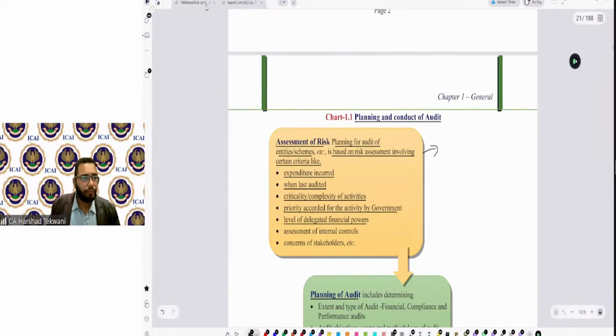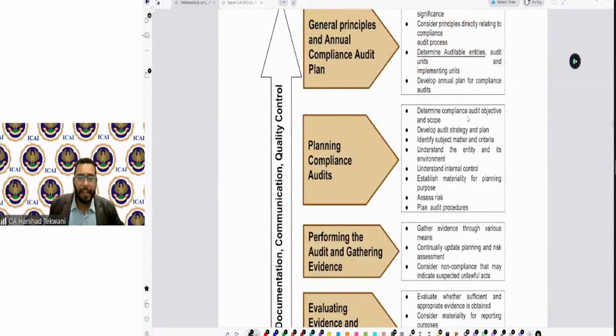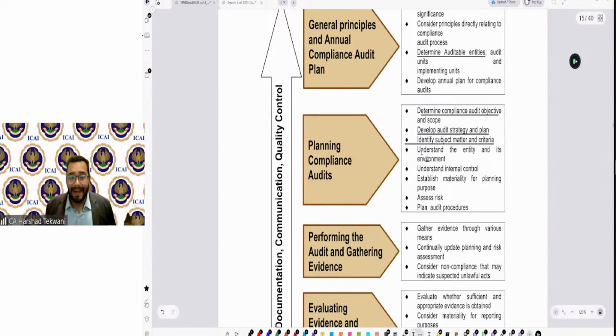Okay. Then they develop an annual plan. On the basis of that, they determine compliance audit objective and scope, they develop strategy, they identify subject matter and criteria, they understand the entity.